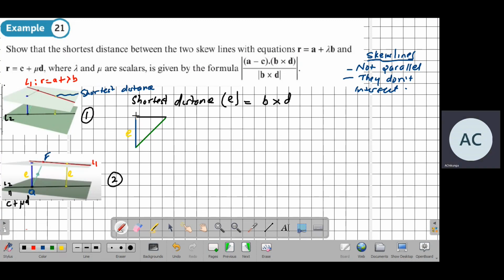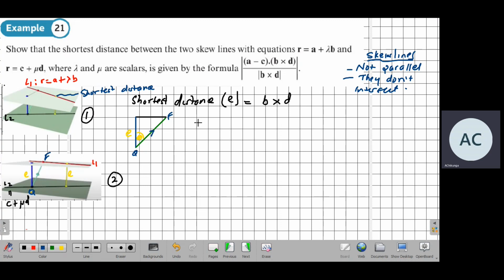The angle between this E and the line QF we call theta. QF can be found because it is a vector between the two lines, line 1 and line 2.